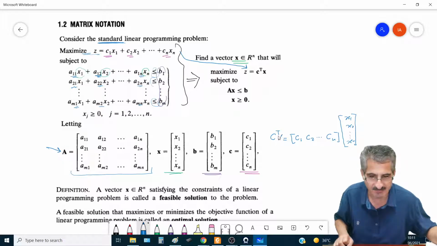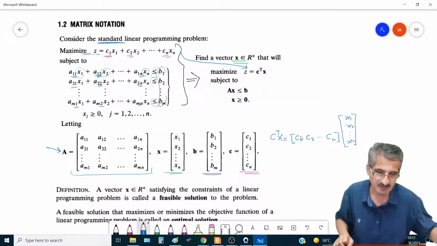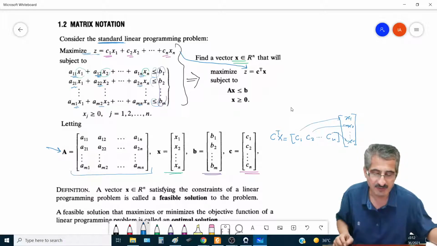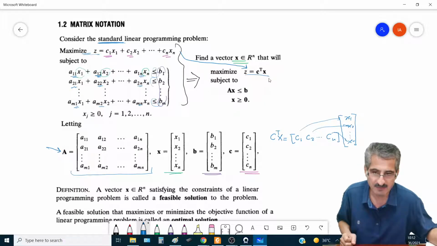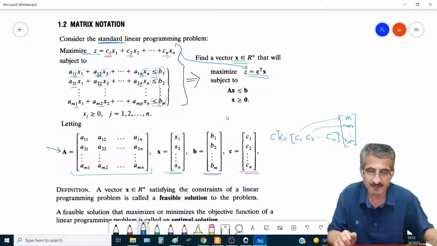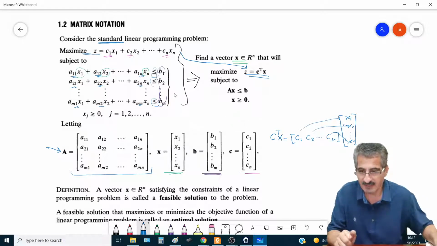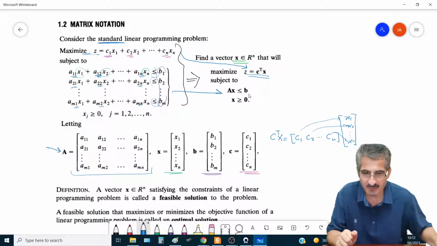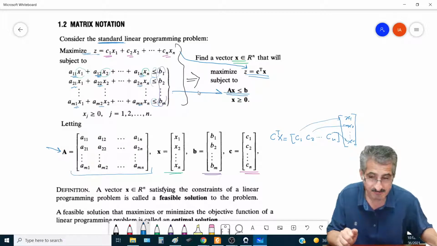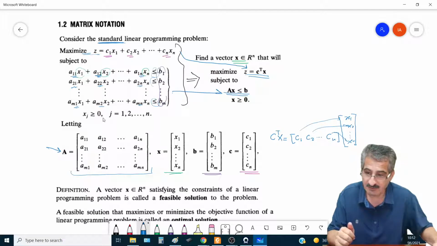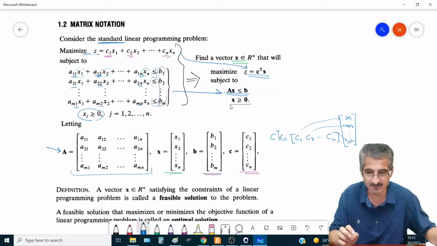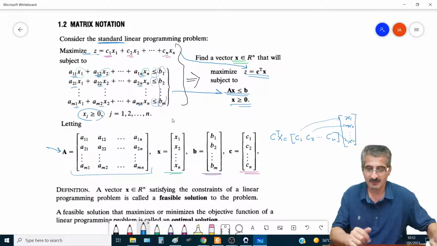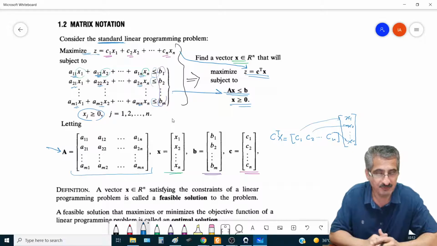So if I say times X, then this is what I get: C1 times x1 plus C2 times x2 and Cn times xn. And then we get back the function. I think you can easily see how we got this for the constraints, actually. And don't forget the variables must be non-negative, positive or zero. Okay, so this is the matrix notation. Good, that's all.